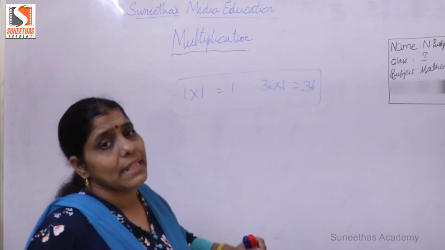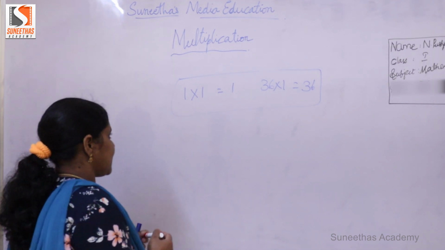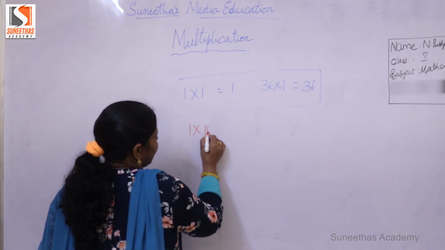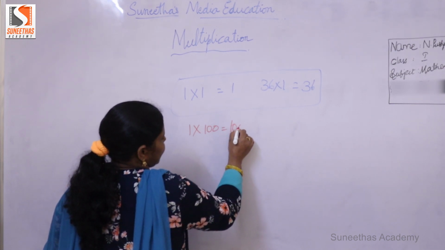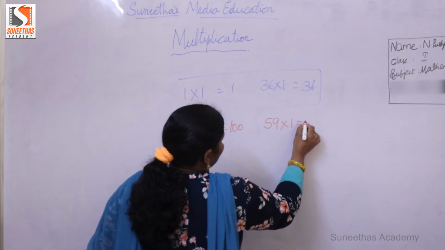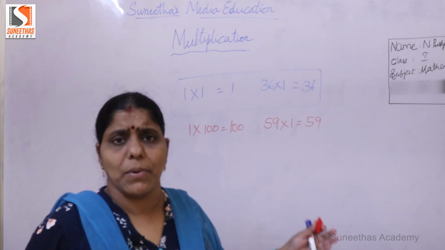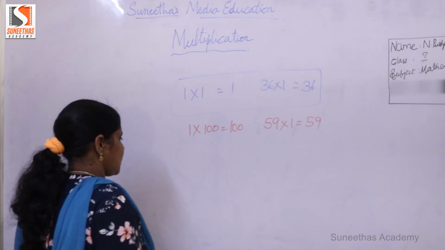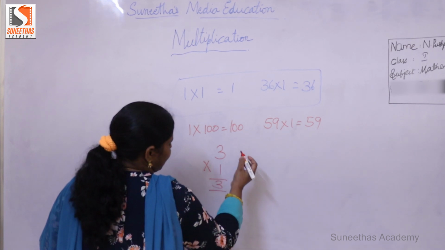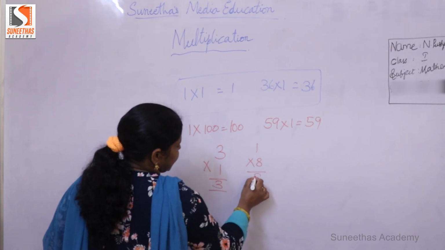Multiplication. If you multiply any number with 1, you will get the same number. Remember that. 1 into 100, you will get the same 100. 59 into 1 equal to 59. 3 into 1, 3. 1 into 8, 8.